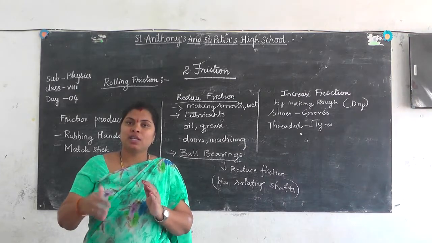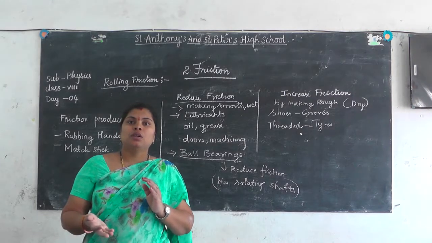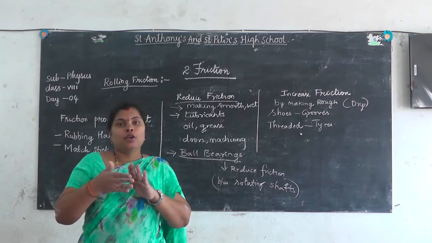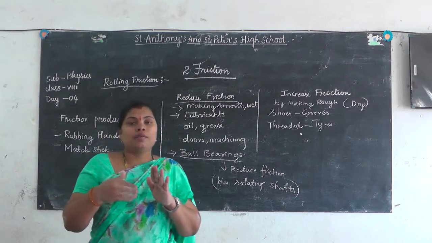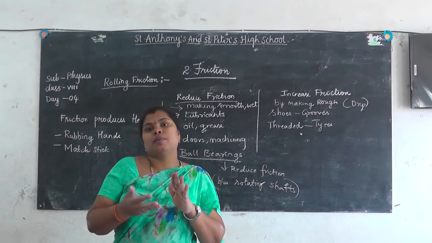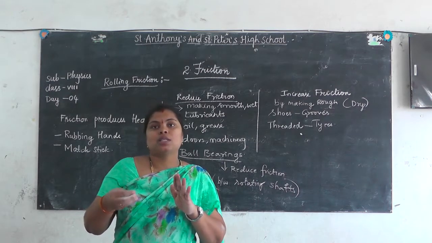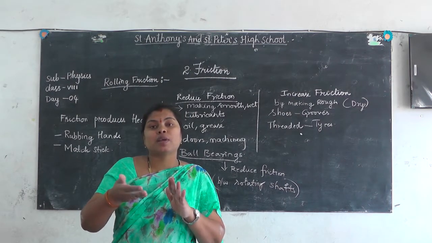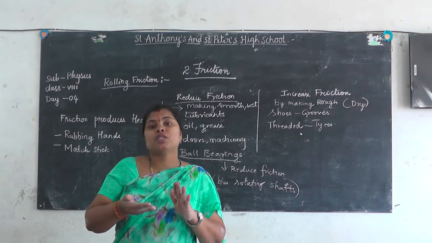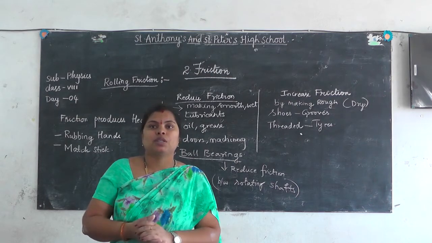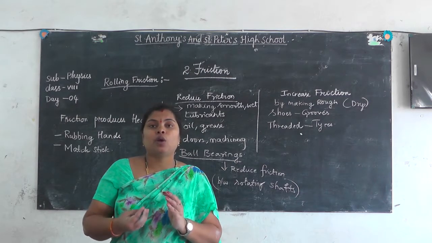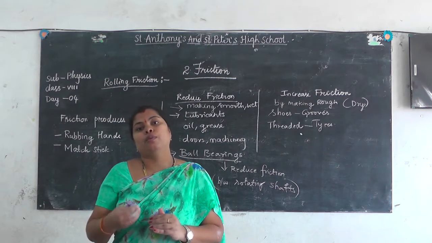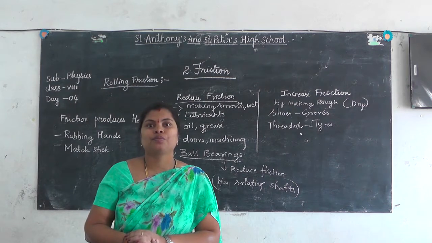By continuously using the shoes, the grooves become smoother and you cannot walk or run fast, because it reduces friction as the surfaces have become smoother. Smooth surfaces offer lower friction. Hence you will not have proper grip to run or walk, and there is a chance of falling down.